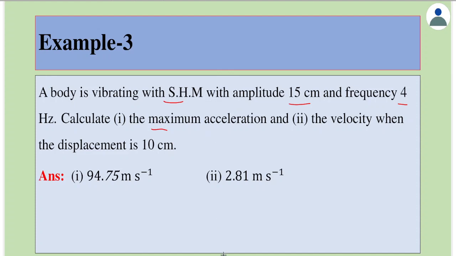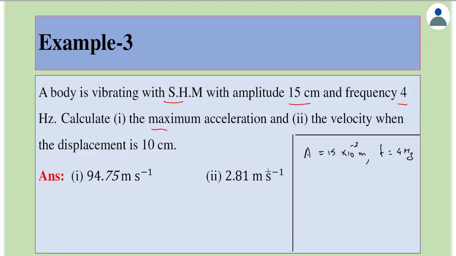So let's write data given. The amplitude is given as 15 centimeter, which is 15 into 10 power minus 2 meter. The frequency is given as 4 hertz.